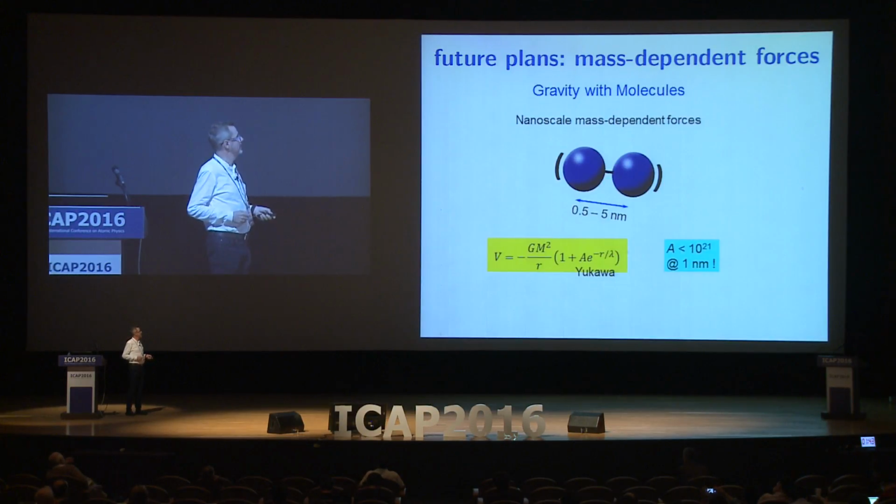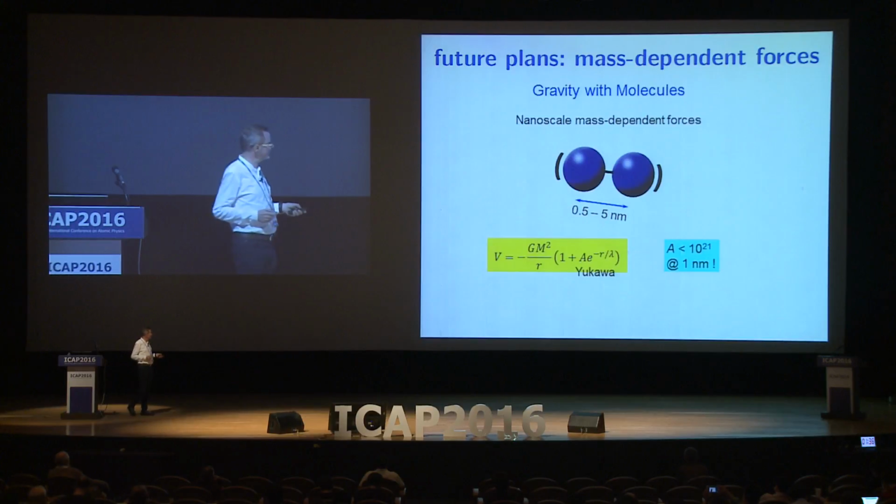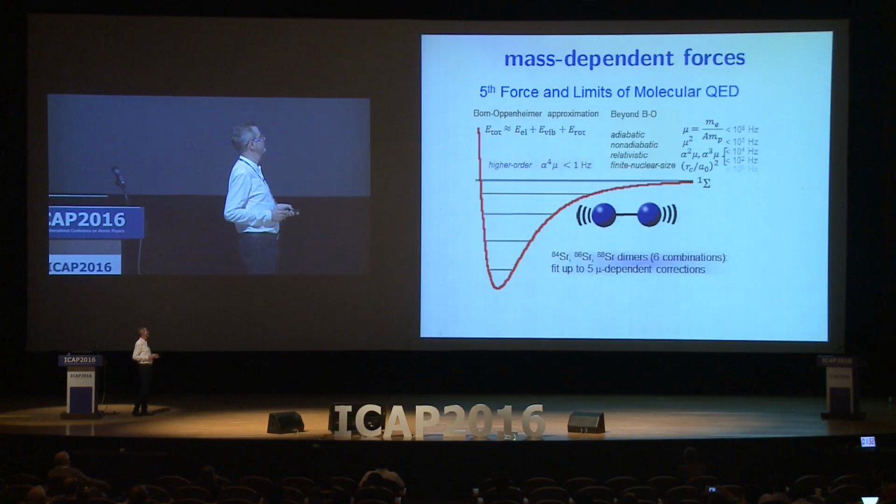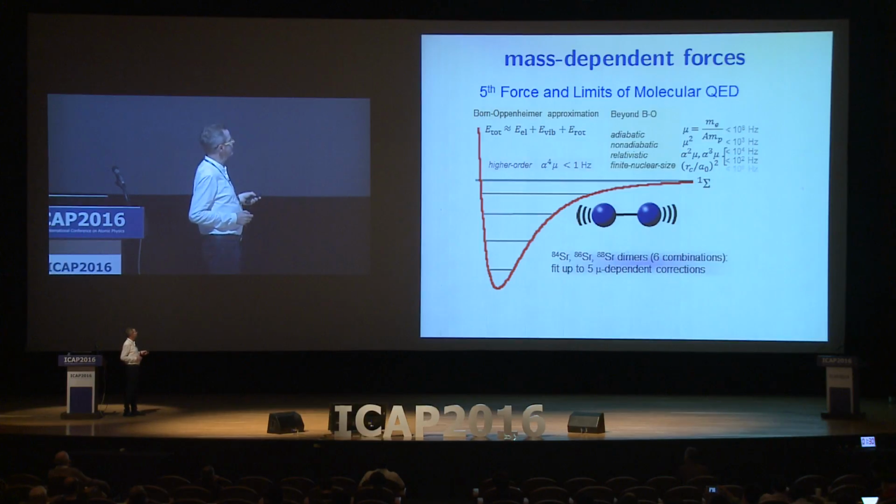And the question is whether very high precision molecular spectroscopy experiment can tell us something about this additional term. So what we have to do is, of course, go beyond the Born-Oppenheimer approximation.